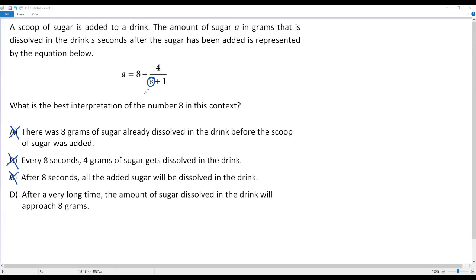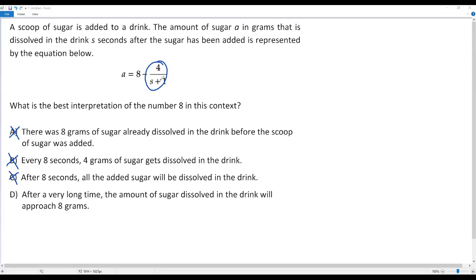So what will be the value of S plus 1? When I add 1 to a very large value, S plus 1 is also a very large value. When I divide a finite value 4 by a very large value, what will happen to the value of this fraction?